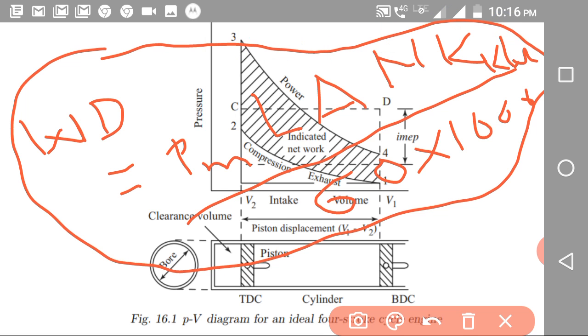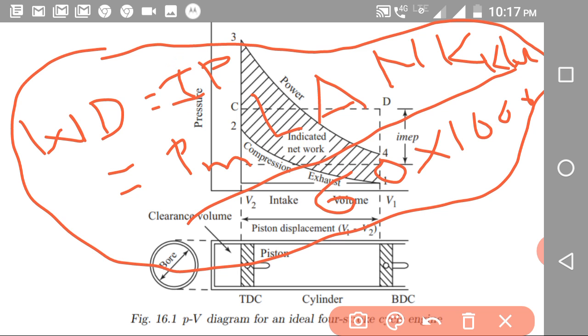This expression is for indicated power. This work done is nothing but the indicated power, and the formula is pm into stroke length L into piston area A into revolutions per minute N into k number of cylinders, divided by 60 into 1000, and the unit will be kilowatt.